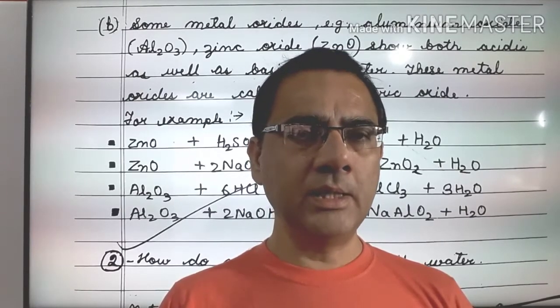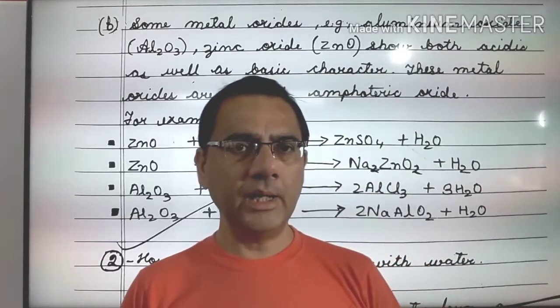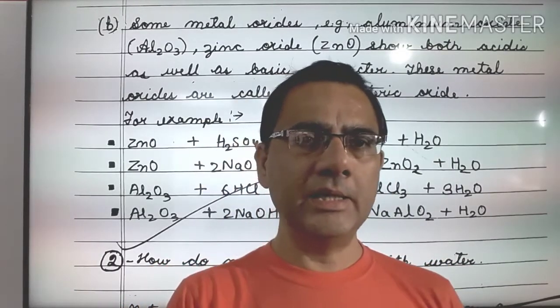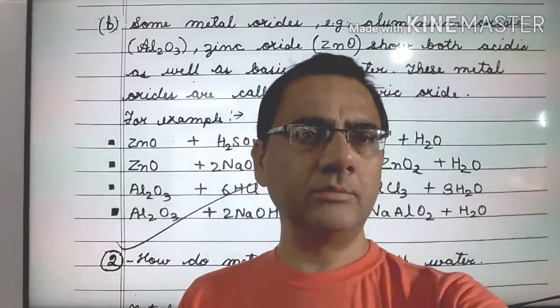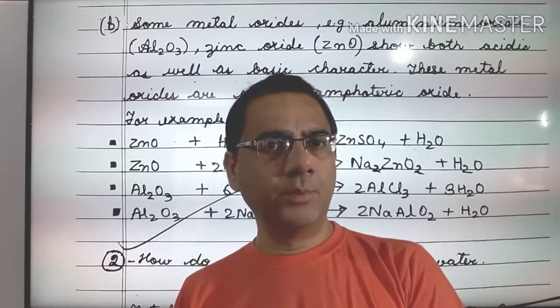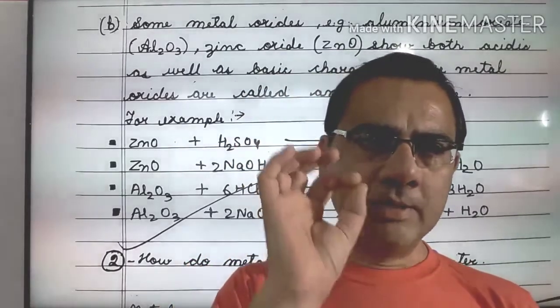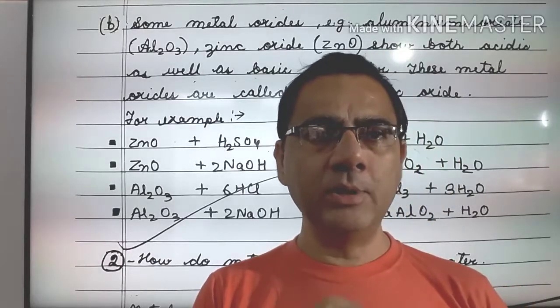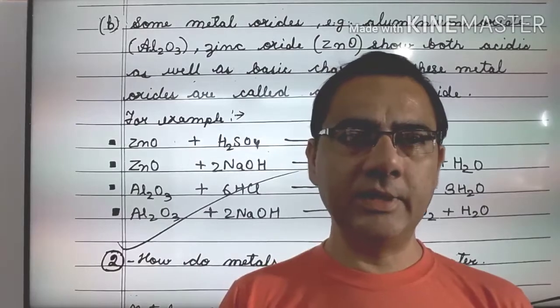So zinc oxide and aluminum oxide are able to react with the acid as well as with the base. And since they react with acid and base both, we say they show amphoteric behavior. So remember, zinc oxide and aluminum oxide are amphoteric in nature. It means they show the acidic as well as basic property.